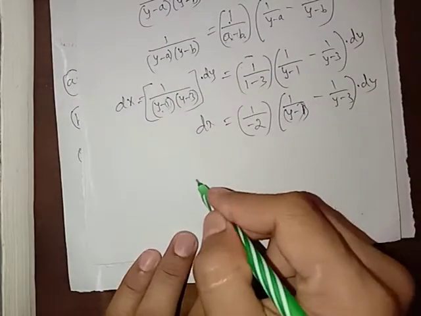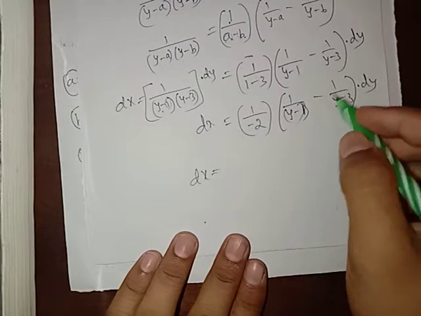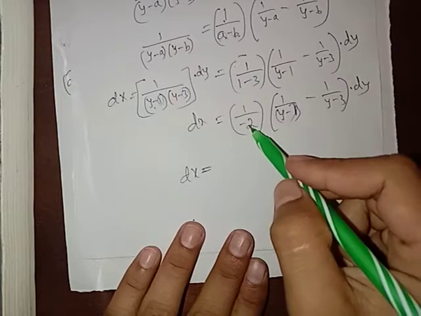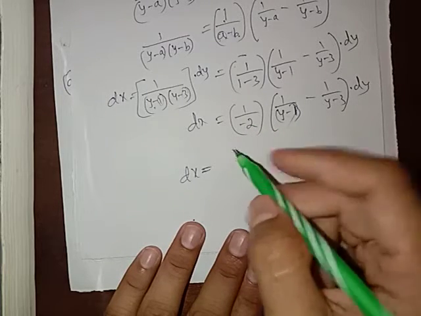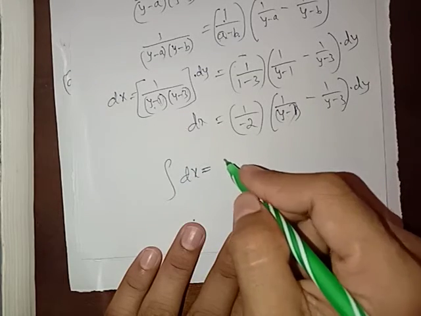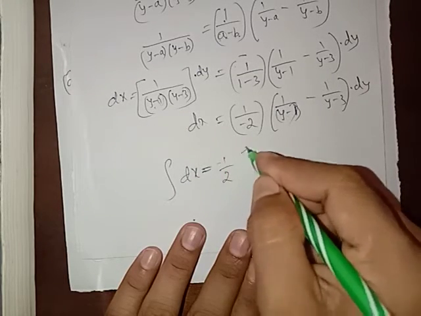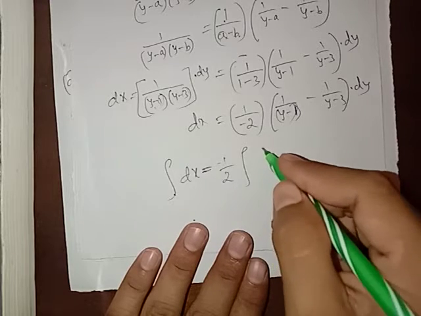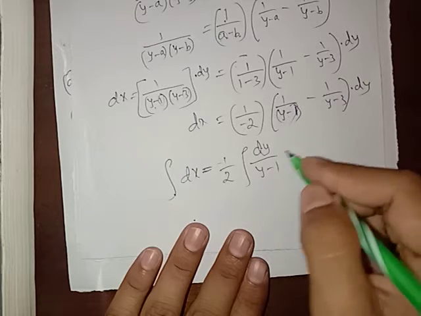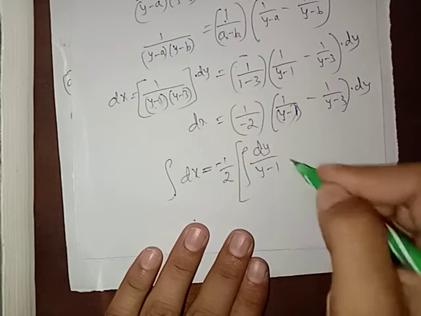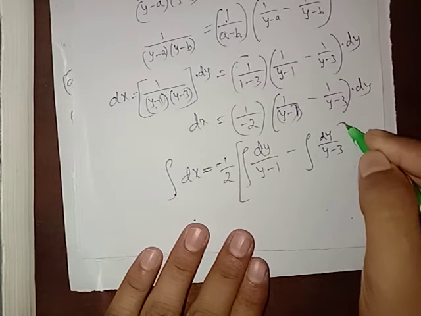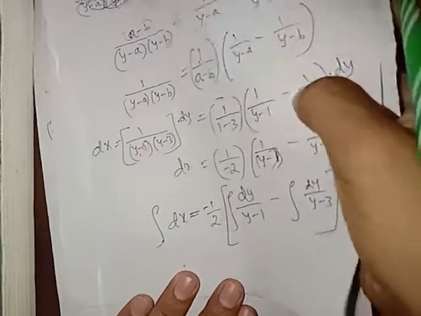So dx is equal to minus 1 by 2 times the whole function. Now we can apply integration on both sides: dy by y minus 1 minus dy by y minus 3. What is the integration of dx?